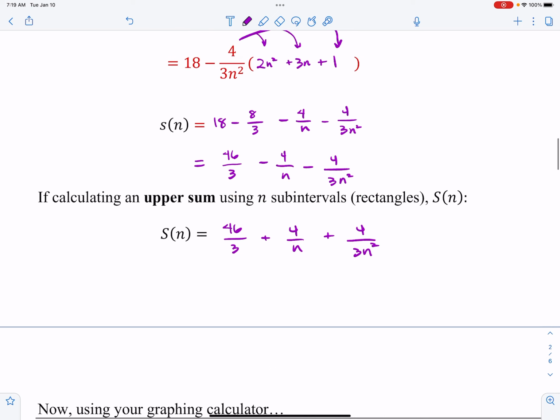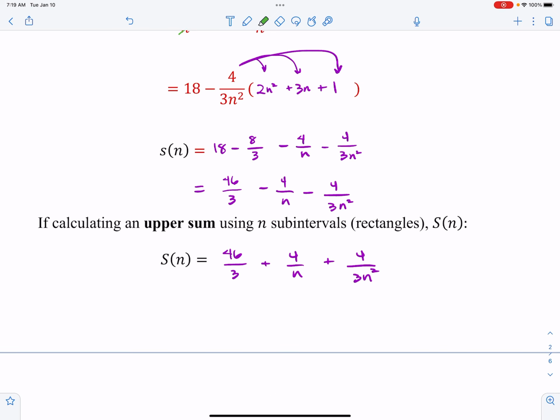So when you type in this last term, you would use parentheses 4 divided by, and then use parentheses around the denominator 3n squared, and close the overall parentheses for the fraction. So just be very careful about that. Make sure you're using your parentheses appropriately, so that you're getting decimal approximations in the table.